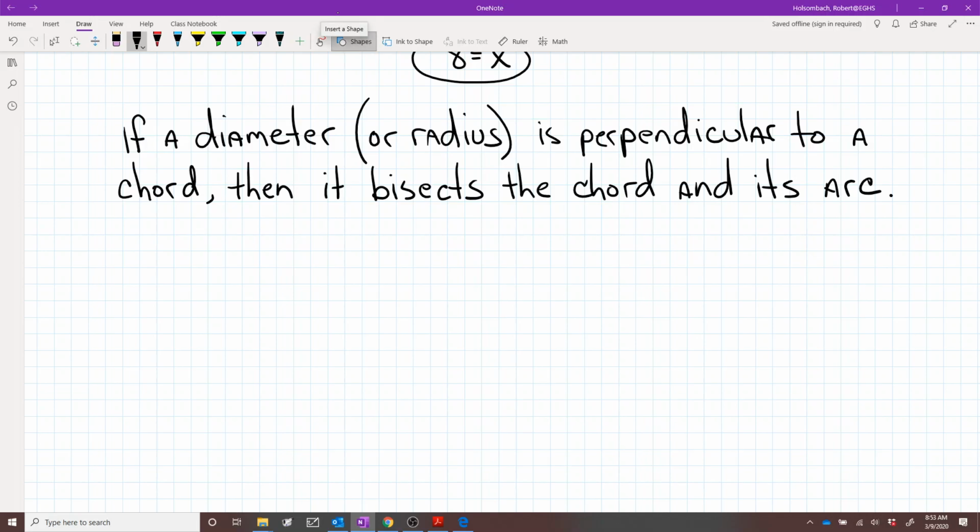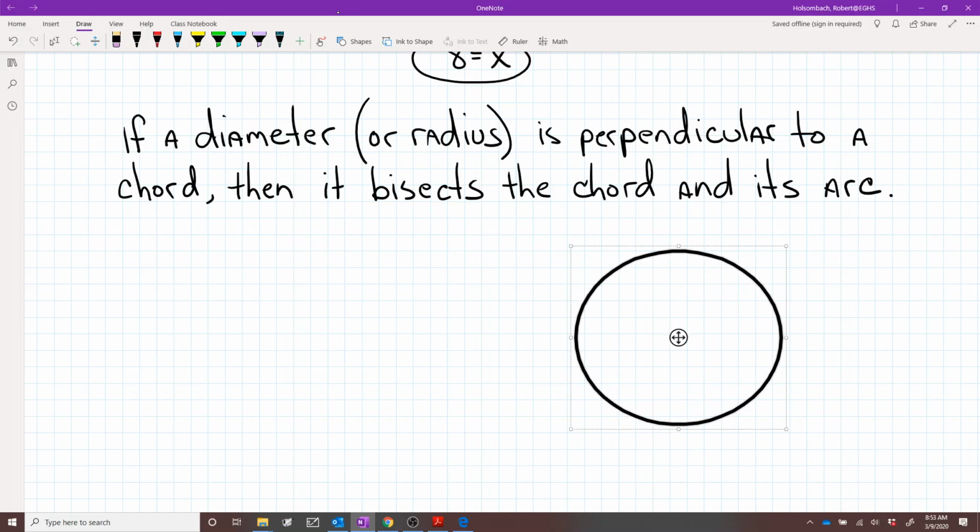So here we go in a circle. If we've got a chord right here, here's chord AB.